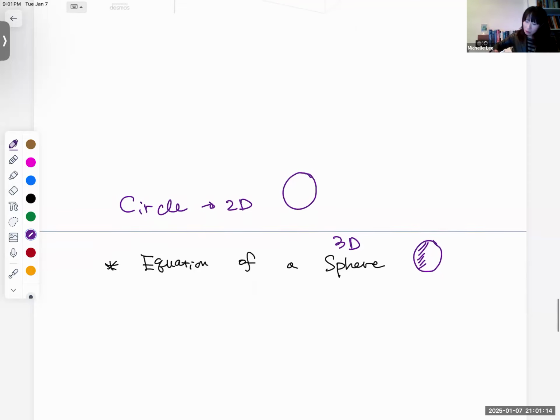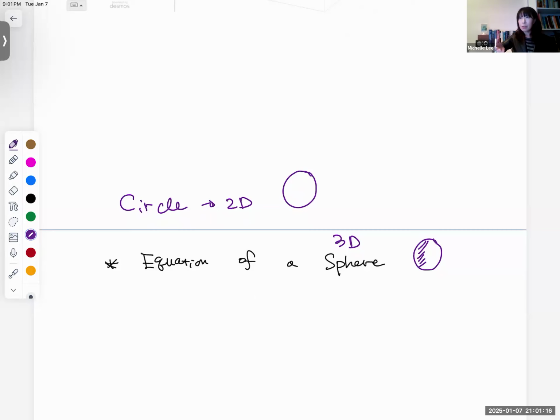Okay. We know the equation of the unit circle, right? Let me denote it like this, equation of unit circle, which is x squared plus y squared equal to 1, right? In that case, r equal to 1, that's why unit circle, right?